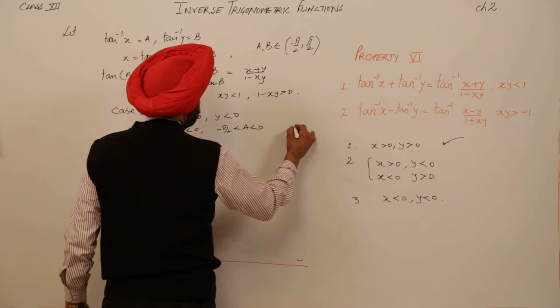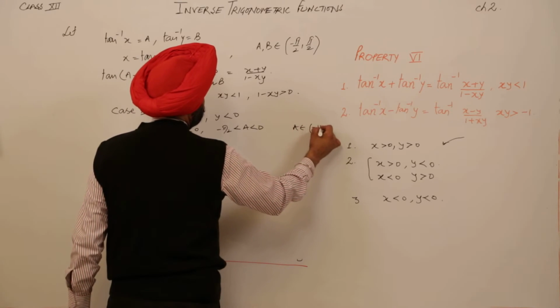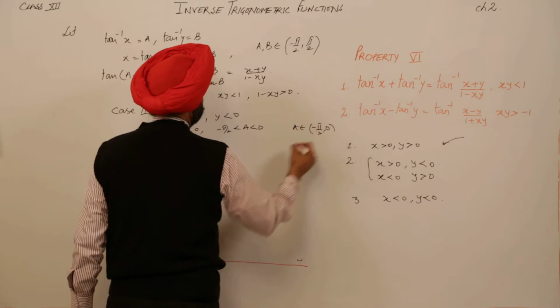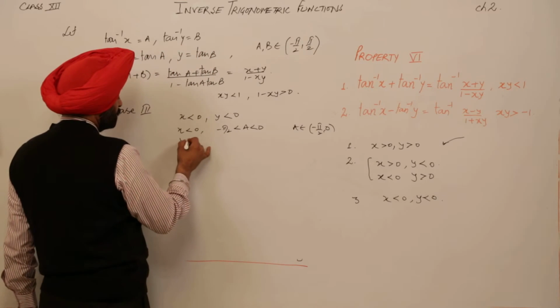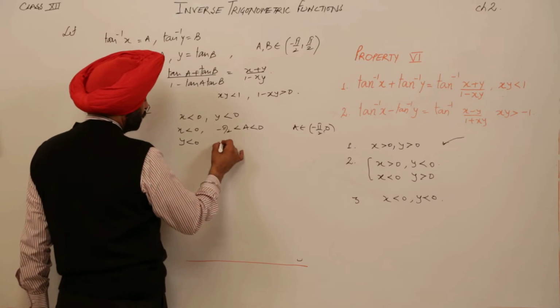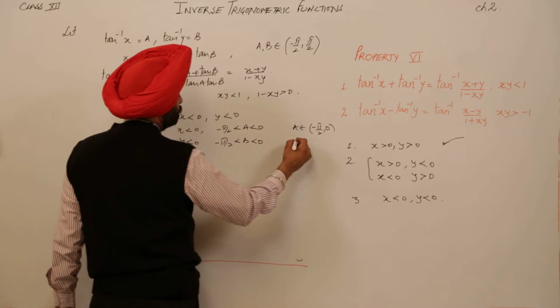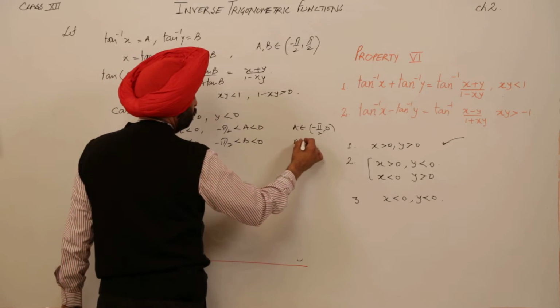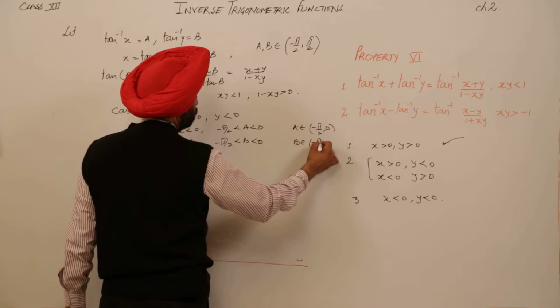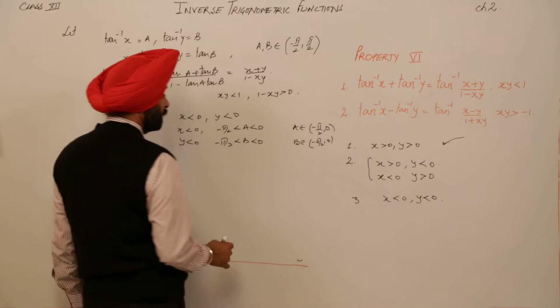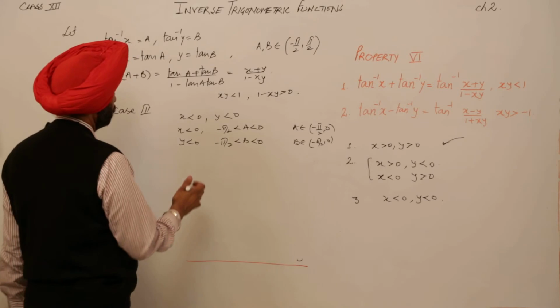And a belongs to (minus pi by 2, 0). When y is less than 0, we have minus pi by 2 is less than b is less than 0. Here we have b belongs to (minus pi by 2, 0). Now let's add it. What are we getting?